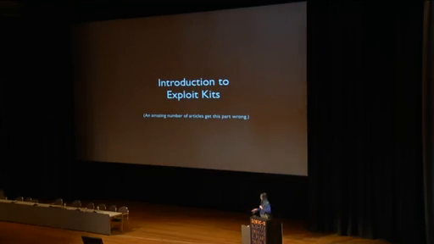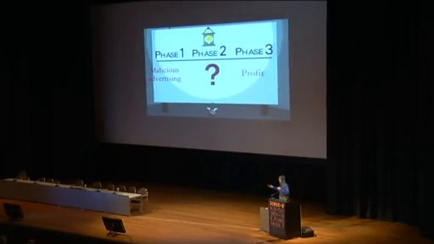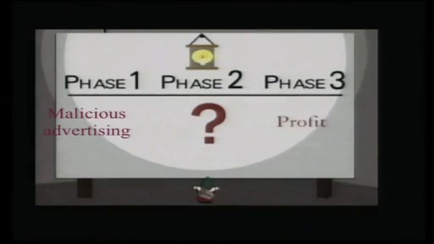Just a quick introduction to exploit kits, because I see a lot of news articles and blog posts that get it totally wrong. Let's say you're an entrepreneurial cyber criminal, and you can do malicious advertising, and you want to install some banking Trojan, but how do you get from sending your spam to having your fake AVs installed on millions of people's computers?